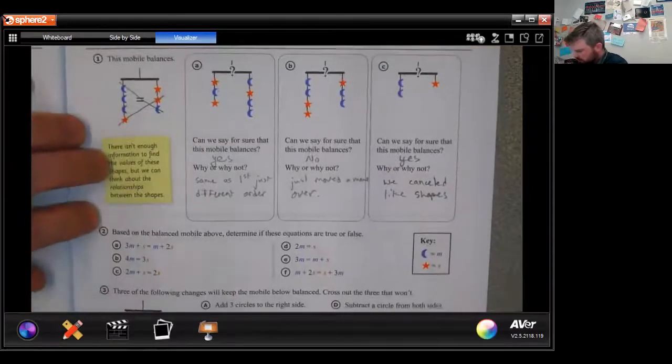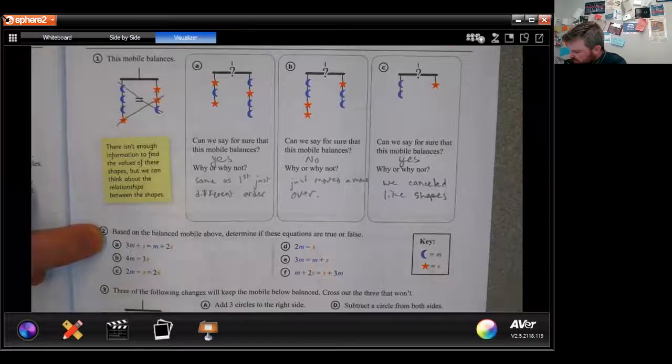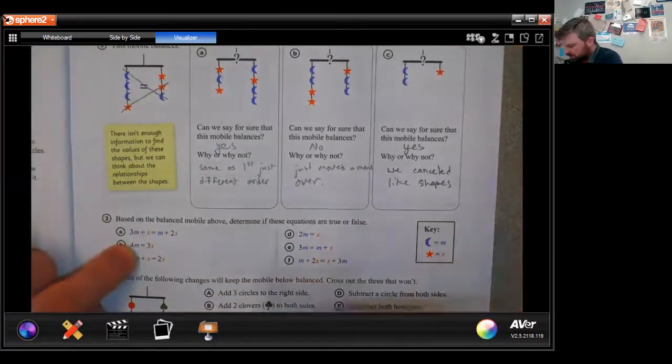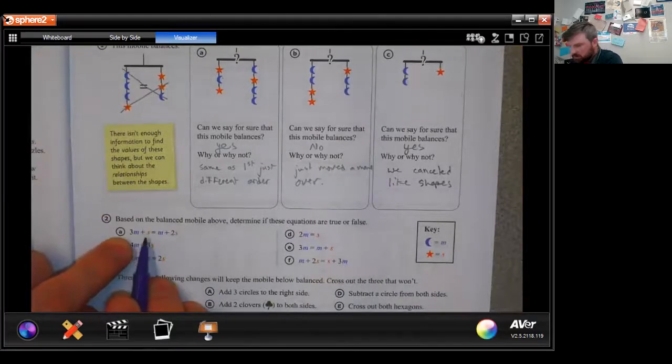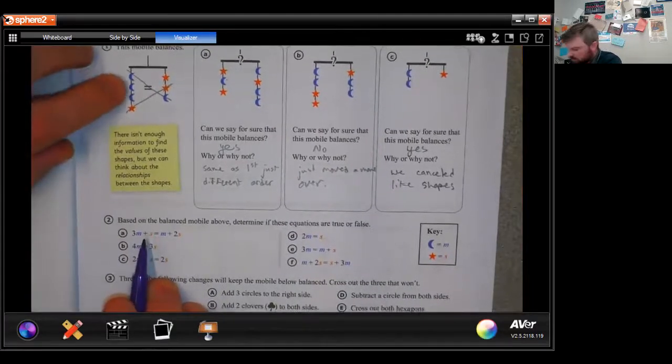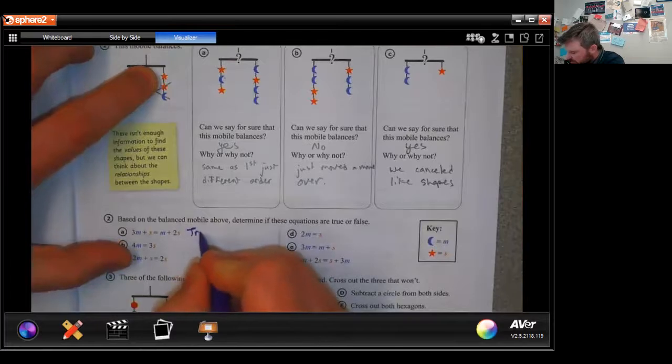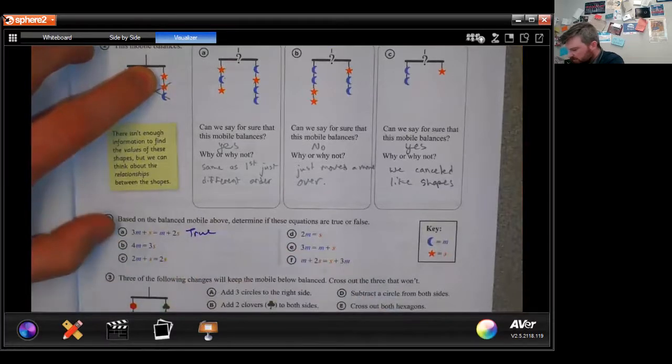Okay, on number 2, based on the balance mobile above, determine if these equations are true or false. Okay, so 3 moons plus a star, which was the original one, equals a moon plus 2 stars. So true. 4 moons, 3 stars.